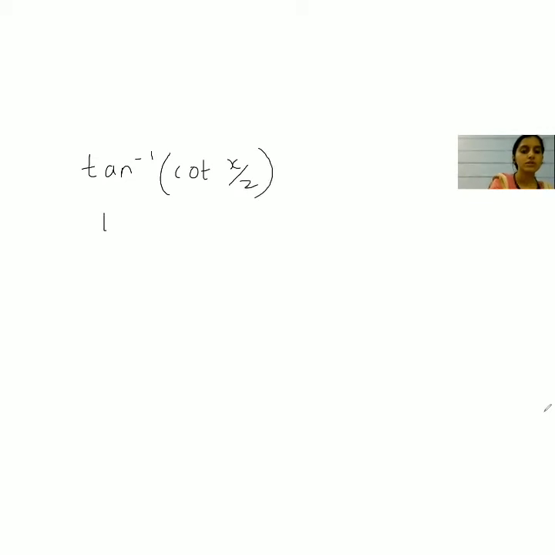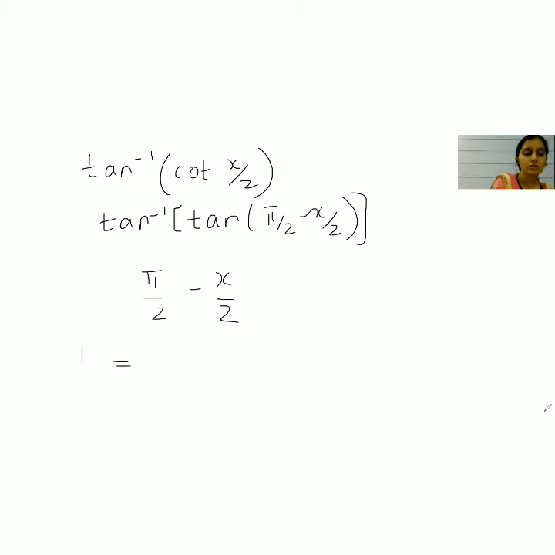So we'll say tan inverse bracket tan pi by 2 minus x by 2, right? So we have tan inverse tan will cancel out and we will be left with pi by 2 minus x by 2, differentiating which we will get dy by dx is equal to minus half, right? So that is your 11th one.